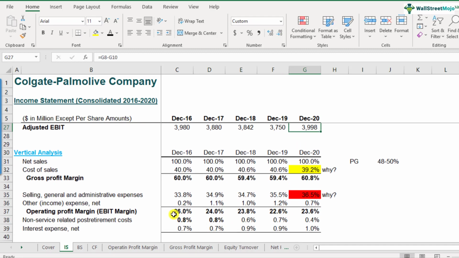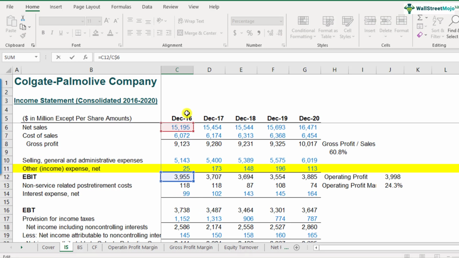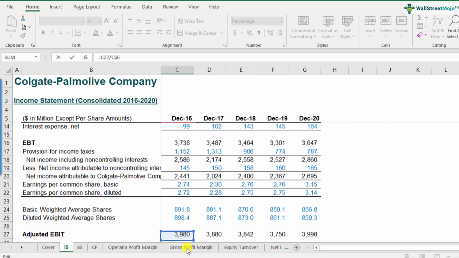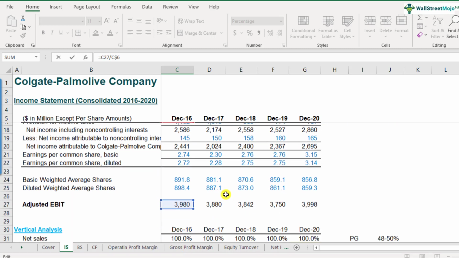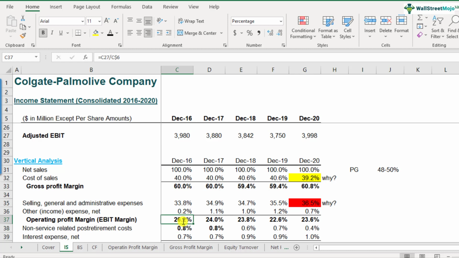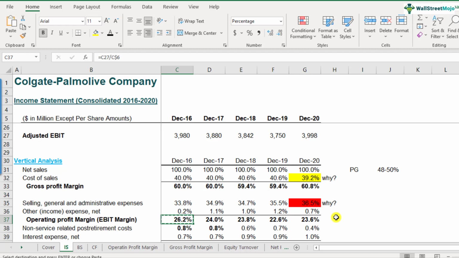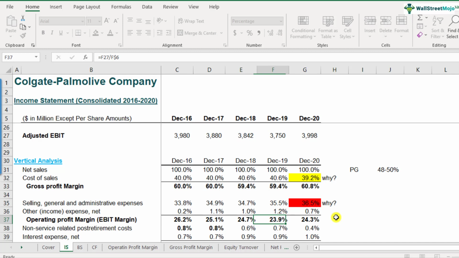When we look at this formula, this was C12 divided by 15195. So I will instead use this adjusted EBIT. So this will become C27 divided by C6, that is sales. When the adjusted EBIT is used, the operating profit margin increases slightly. So that's how we've done our minor adjustments in our calculations. So these now reflect the correct calculations as such.